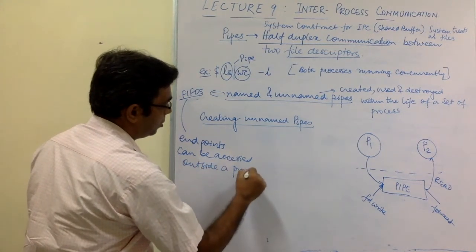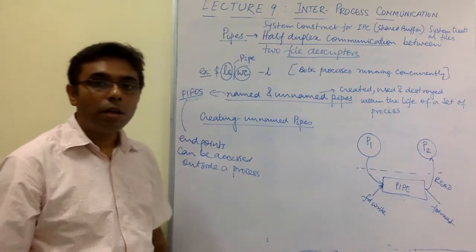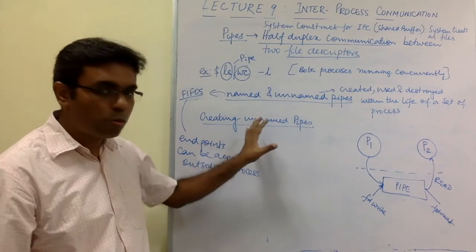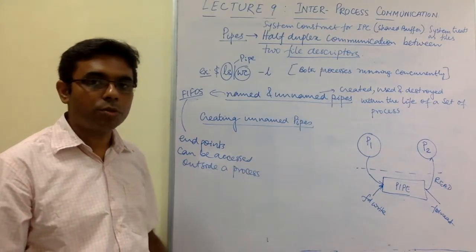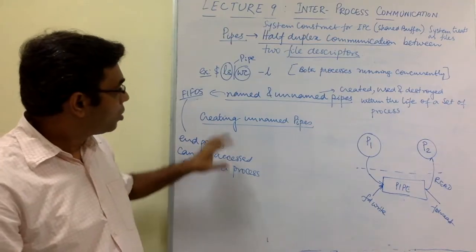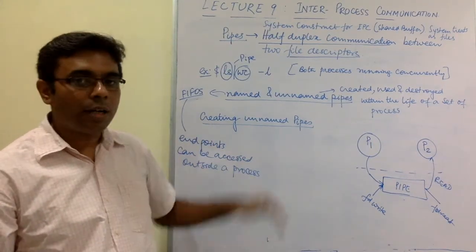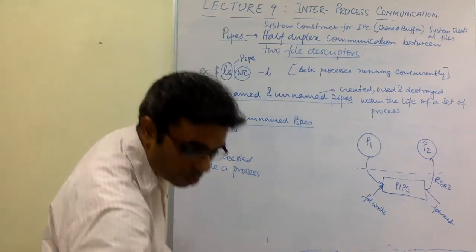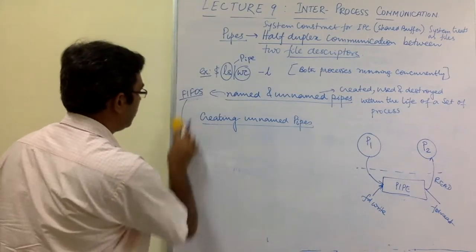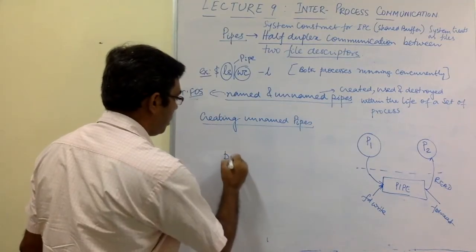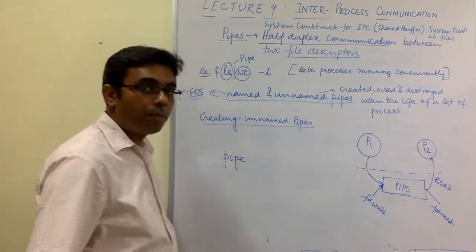So that's the named pipes. We will be restricting our discussion to unnamed pipes because they are the most common ones that we come across. So how do we create an unnamed pipe? To create an unnamed pipe, we make use of the pipe system call.